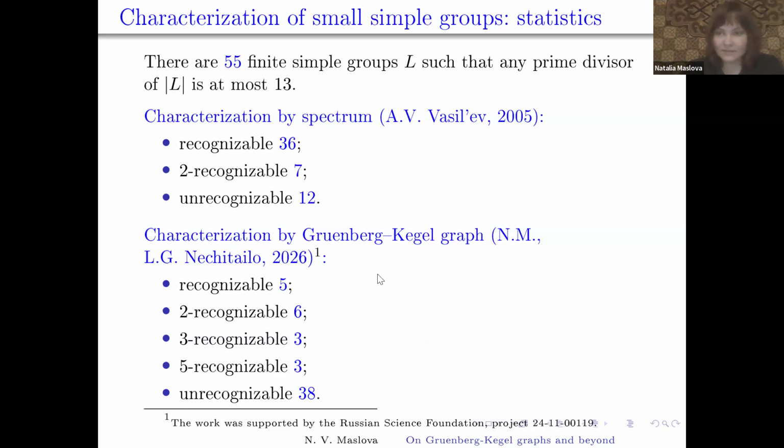At the same time, only 5 of them are recognizable by Gruenberg-Kegel graph, and 58 are unrecognizable. So for small groups, this tool doesn't work well in some sense. However, 5 are still recognizable, and they can use this information, for example, as a tool for another research to define some group actions and so on.